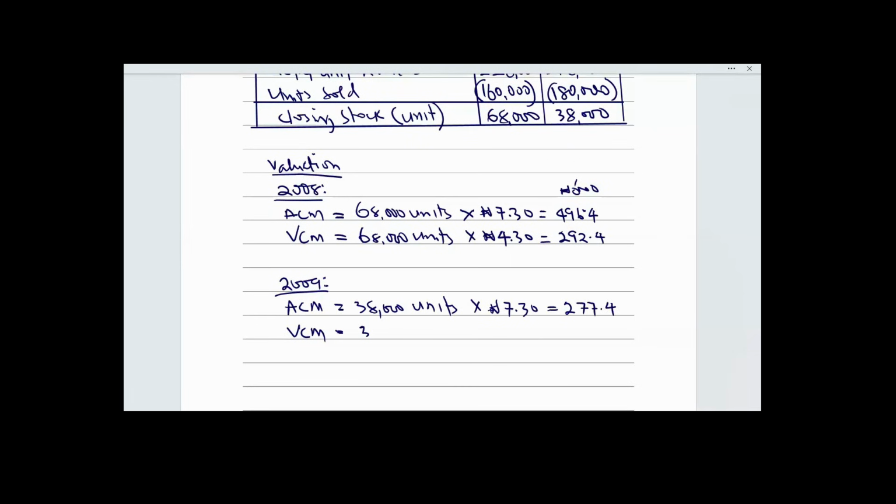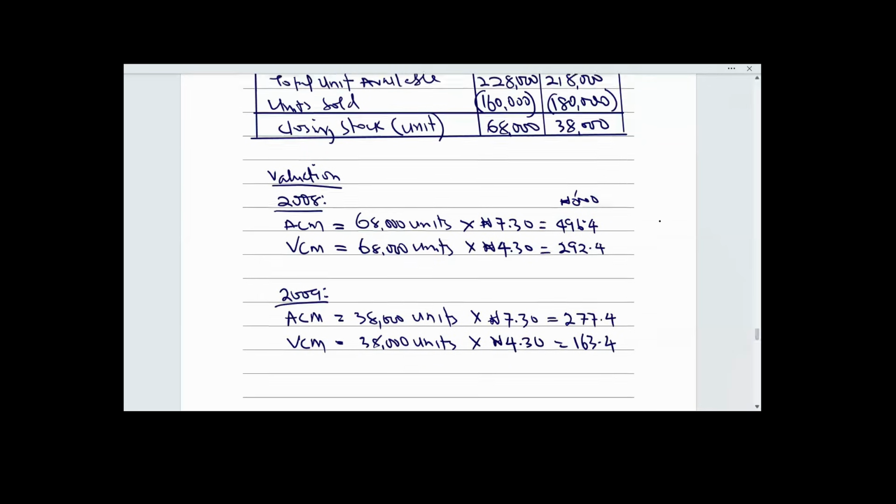Then 38,000 units multiplied by 4 naira 30 kobo. 163.4. So that's that. So let's go and post.